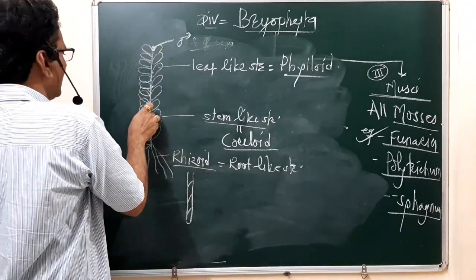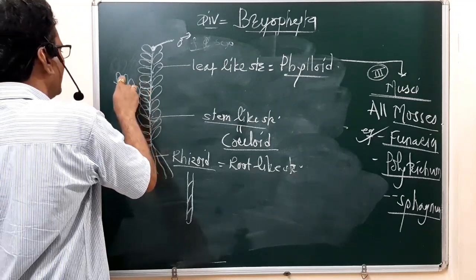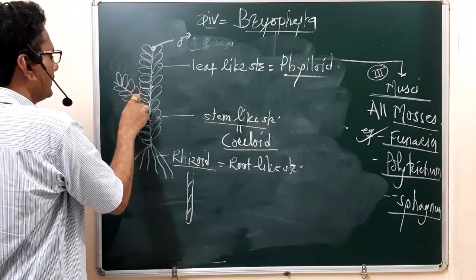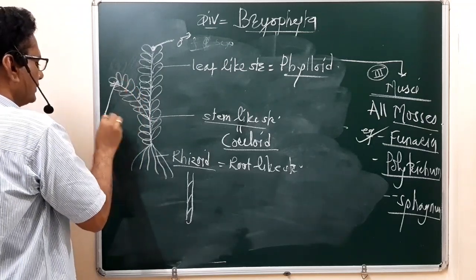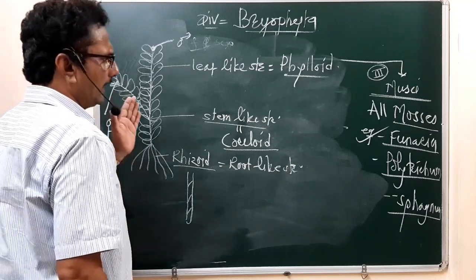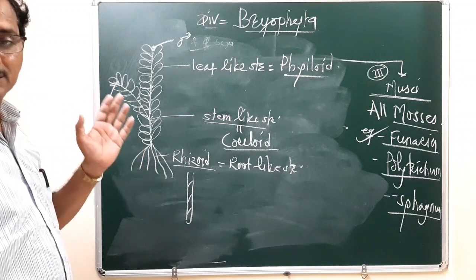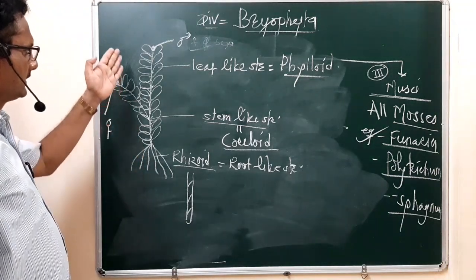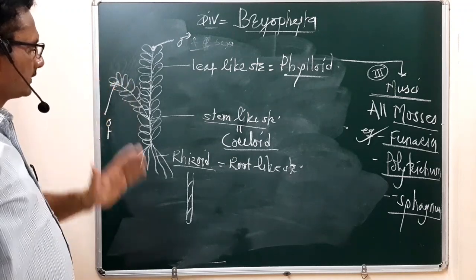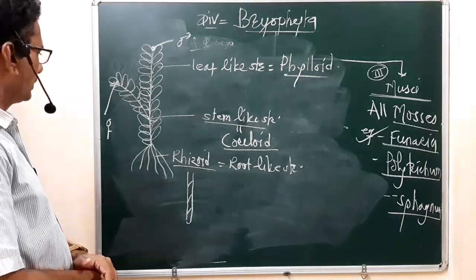Then on another branch, they show the presence of the female sex organ. So at the tip of the branches, they show the presence of the sex organs. Because of that, this is the gametophytic phase of the mosses.